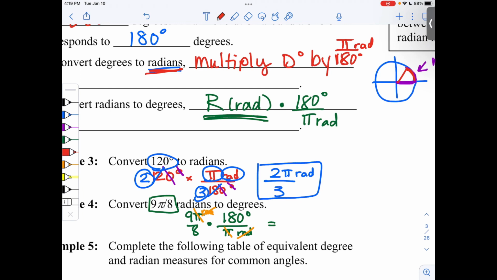I'm going to cancel, and 8 and 180 can both reduce by 4. So 8 divided by 4 is 2, and 180 divided by 4 is 45. And I'm left with 9 times 45, which is 405 degrees all over 2, which is 202.5 degrees. So I know 9 pi over 8 radians is equivalent to 202.5 degrees.